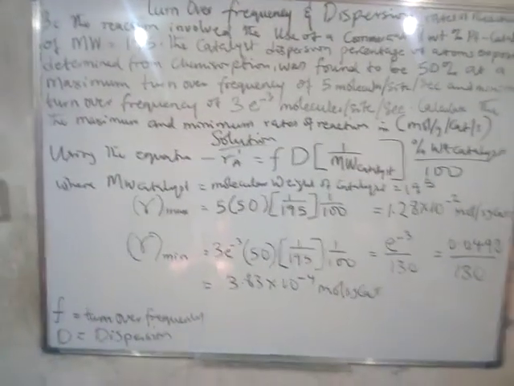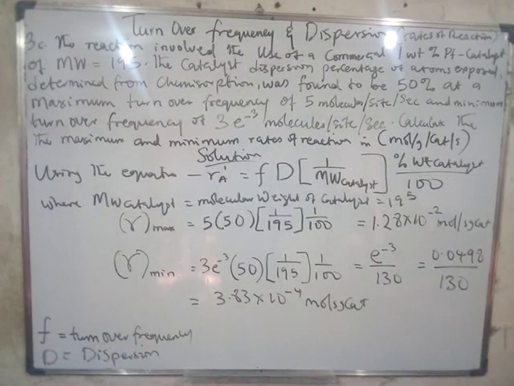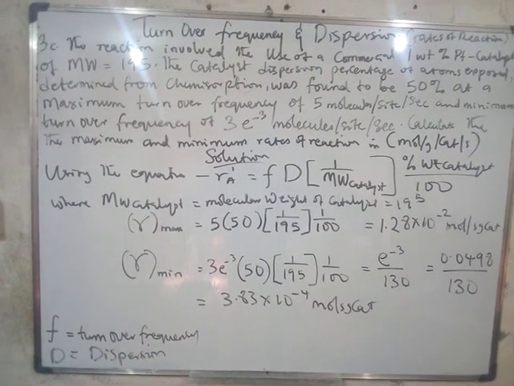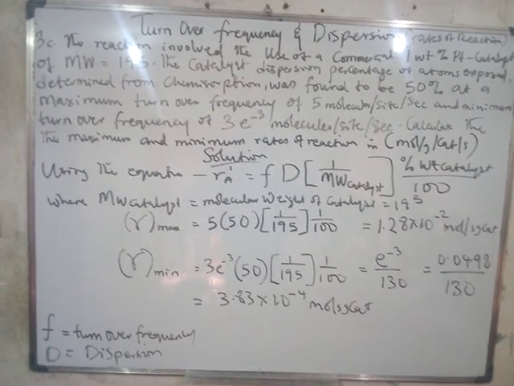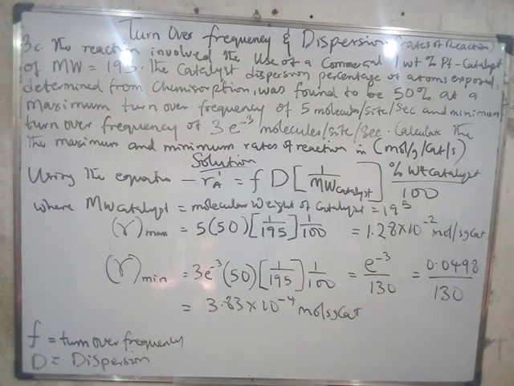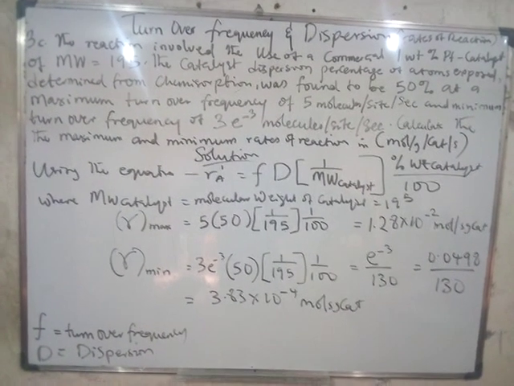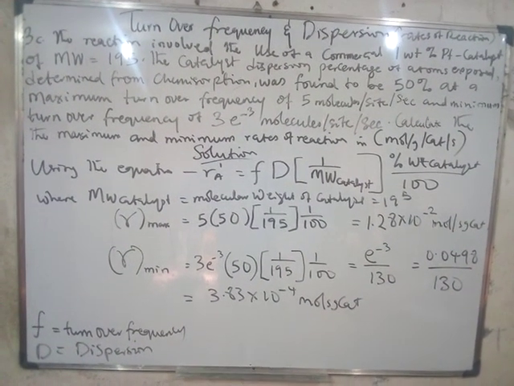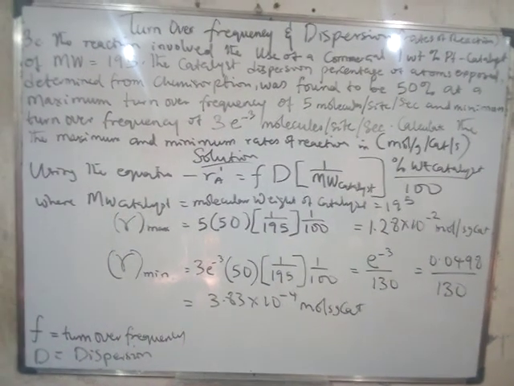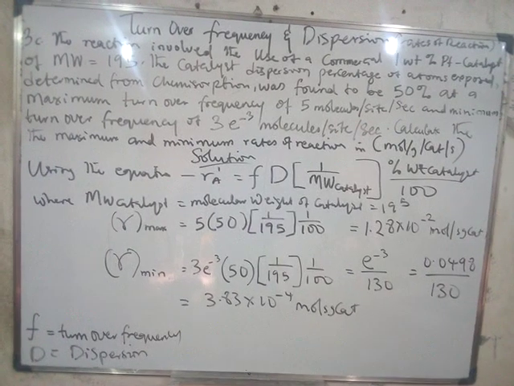So, very important, that's how you relate turnover frequency to dispersion. Turnover frequency is the amount of product that is being turned over, and dispersion is the amount of metal that is dispersed on the support or the catalyst.